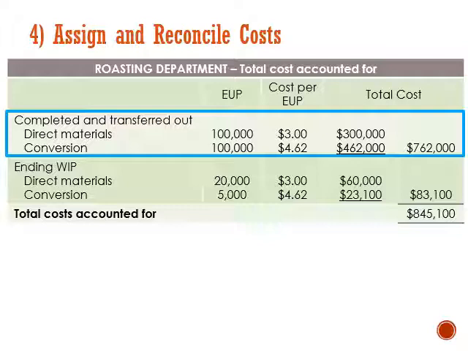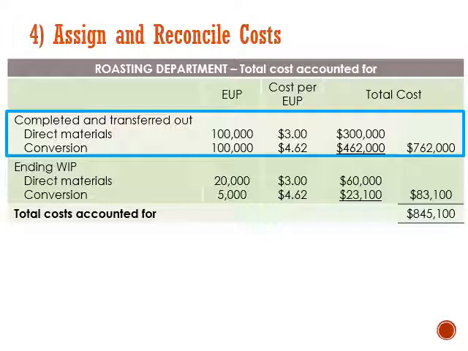Therefore, we assign $300,000 of direct material cost to those units and $462,000 of conversion cost to those units. Total cost of the 100,000 units completed and transferred out is at $762,000.